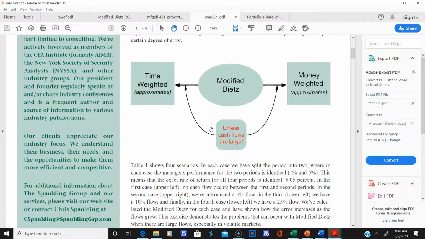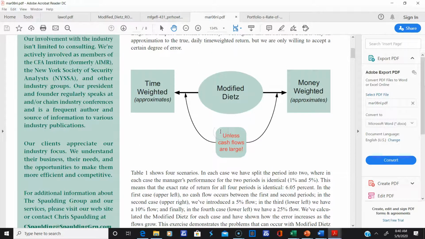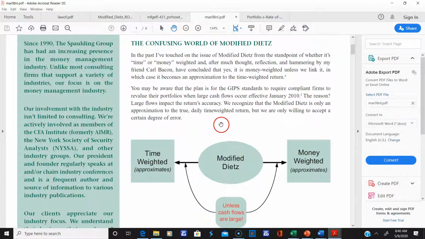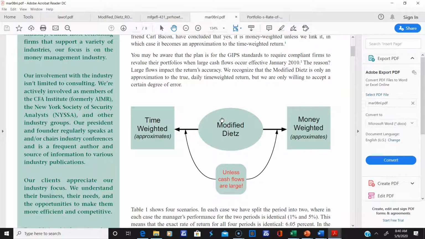So it's a good article to read. So you can kind of see they were commenting. We recognize that the modified Dietz is only an approximation to the true daily time-weighted return, but we are only willing to accept a certain degree of error.